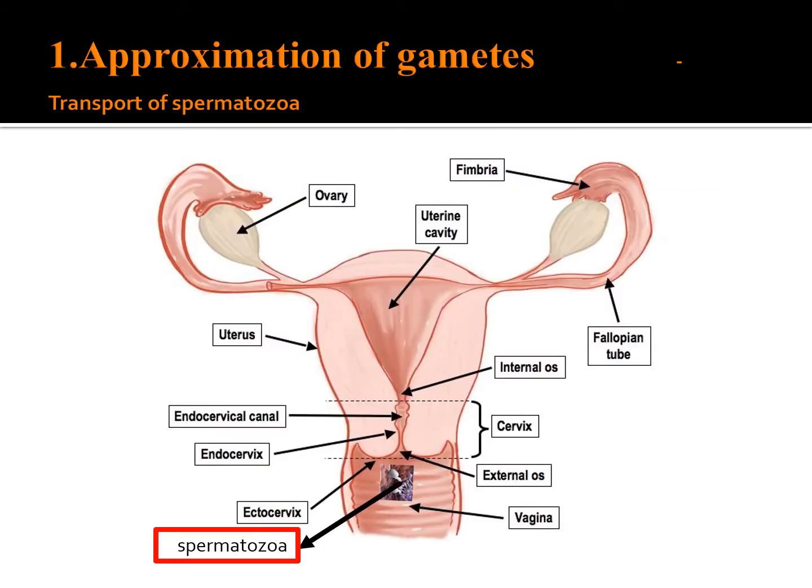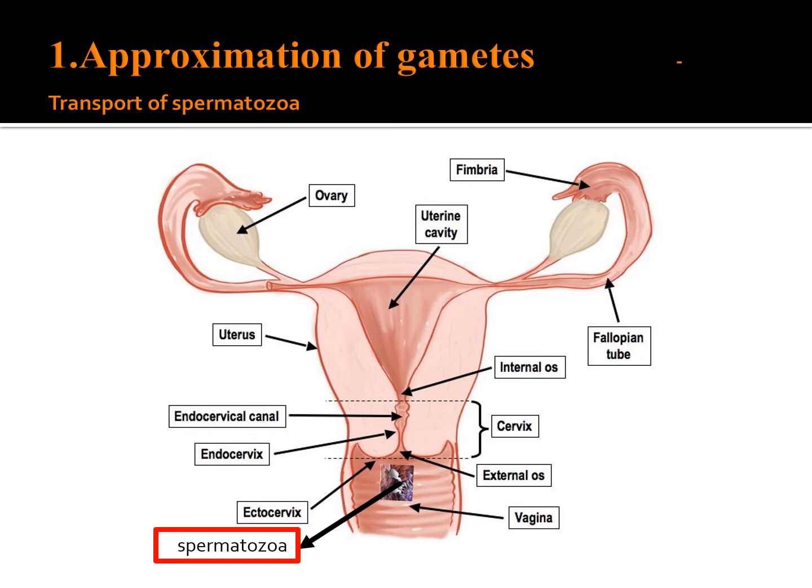Now we are going to see the first stage of fertilization, that is approximation of gametes. In this, three major things are occurring. First, the transport of spermatozoa into the vagina is facilitated by the prostaglandin of semen, which causes powerful contraction of the uterine muscle.